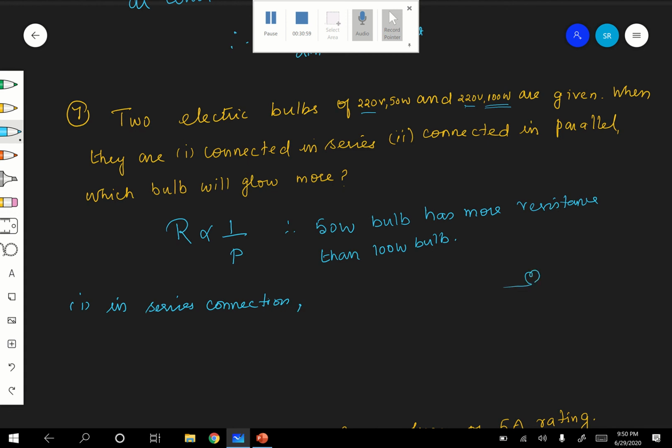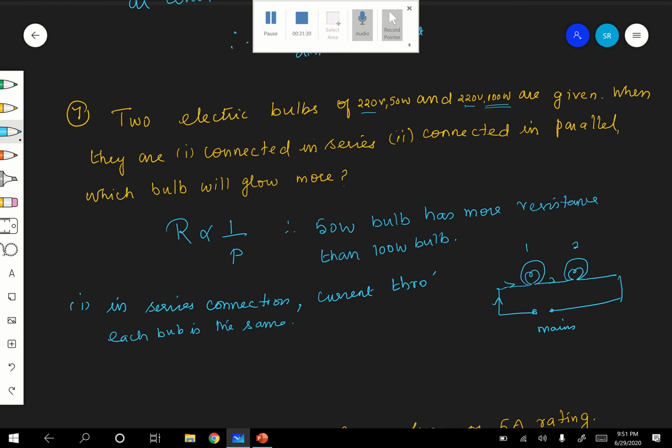You should know these by this time without any other explanations. Therefore, it is like this, connected to the mains. Current through each bulb will be the same in series connection. This is the first bulb, this is the second bulb.